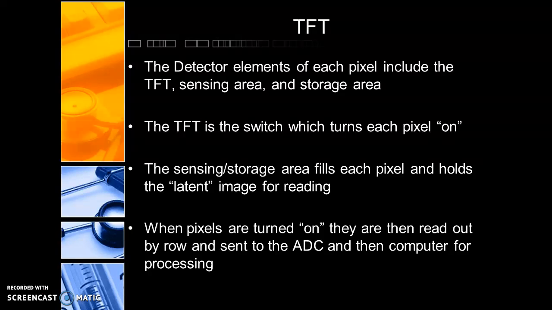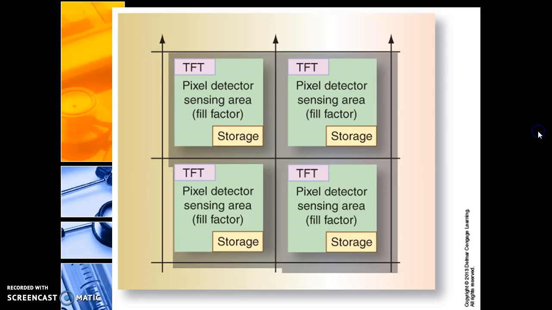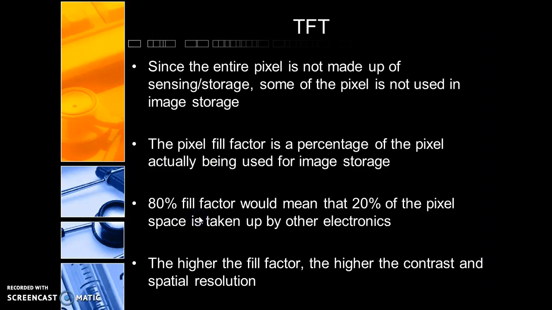Otherwise, it would come out on the screen like a scrambled puzzle, basically. So if you imagine these are the TFTs, they have their sensing and storage area, and then they have the electronics that actually run the TFT. And when they get a certain voltage applied, this row would then activate and then go out to the ADC, so everything is kept in order.